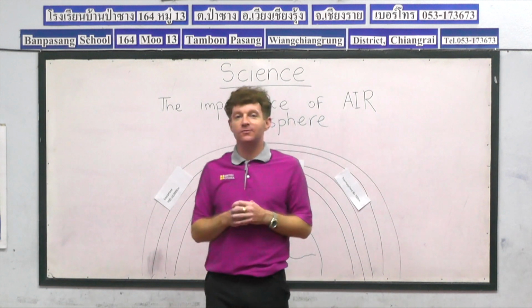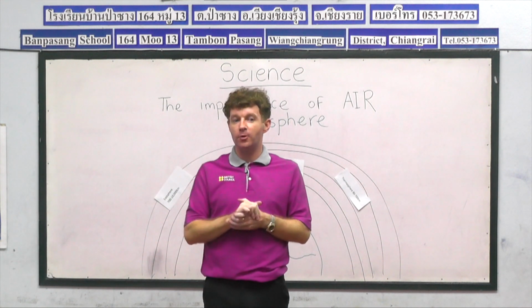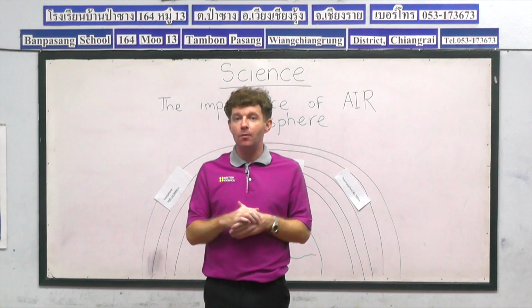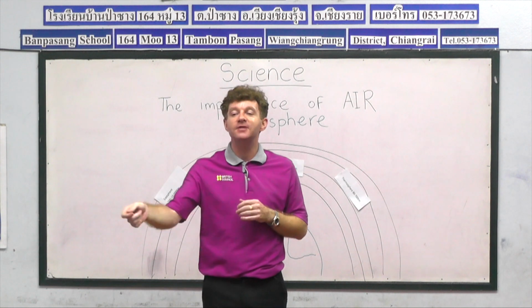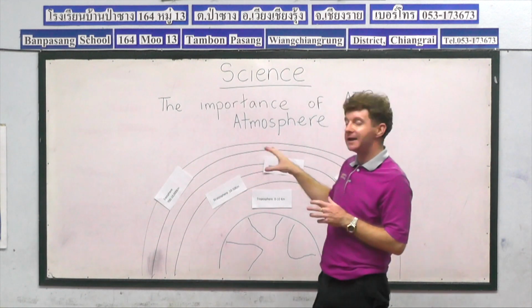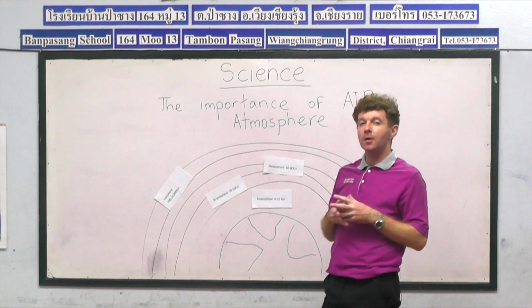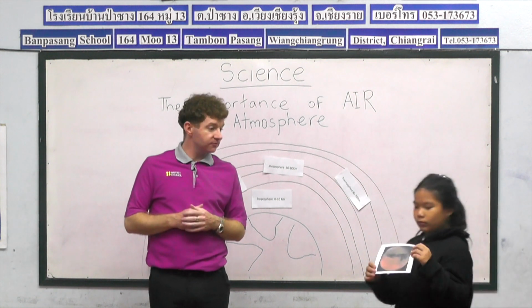And what we're going to do now is we're going to see who was paying attention in the PowerPoint presentation. Because now I'll ask my students to close their eyes. I will give them each a picture, and they have to try and think which level of the atmosphere the picture belongs to. Can you show your friends the picture?